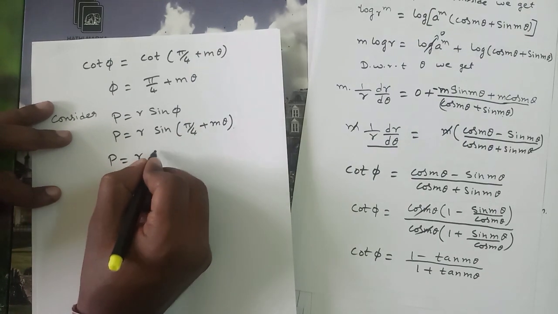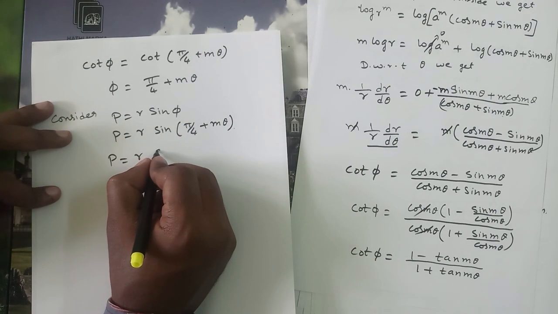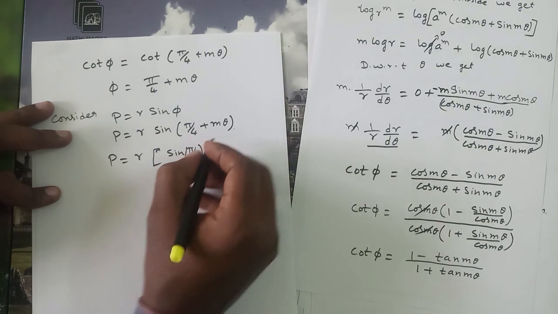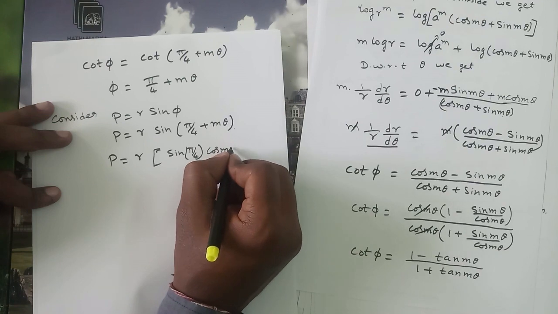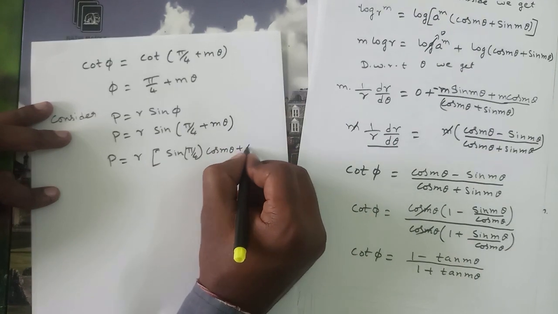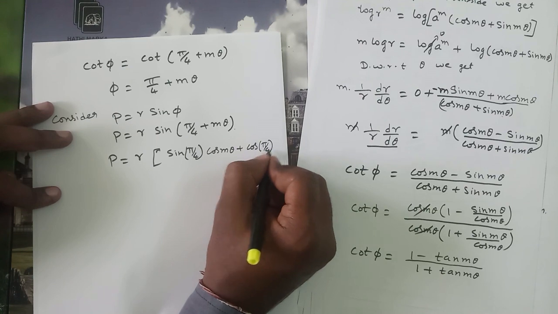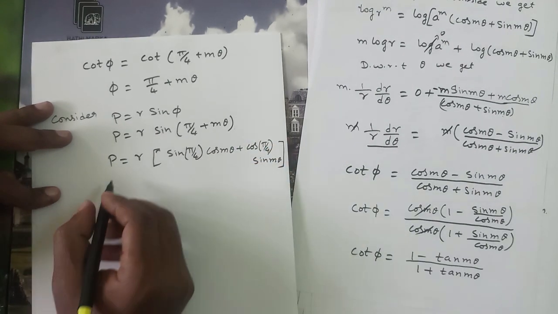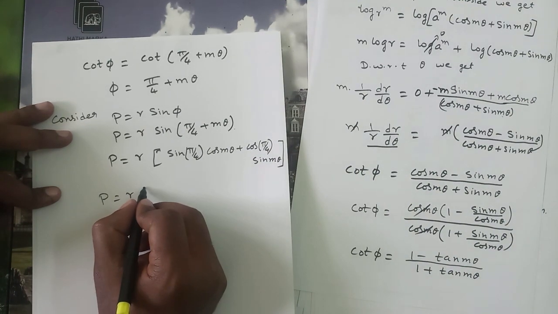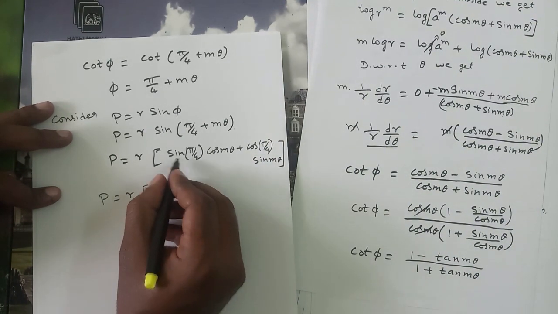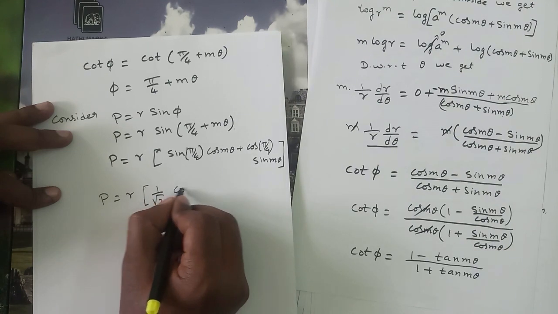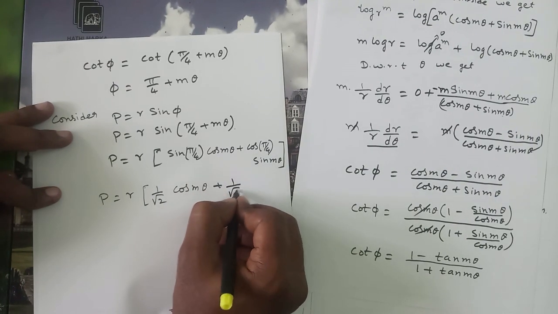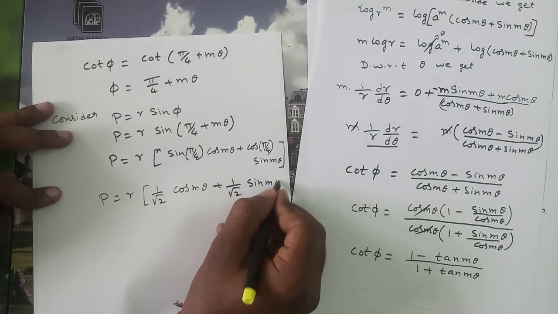So p is equal to r into sin of pi by 4 into cos m theta plus cos of pi by 4 into sin m theta. So p is equal to r into, sin pi by 4 is 1 by root 2 into cos m theta, plus cos of pi by 4 means 1 by root 2 into sin of m theta.